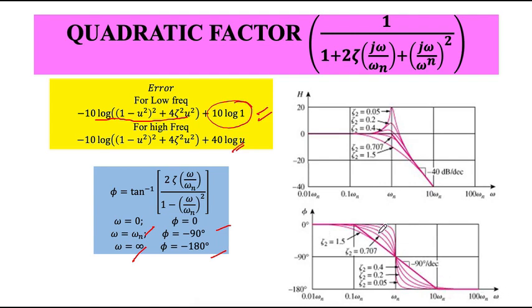It will look like this, for different values of zeta. Similar things will happen when I have this in the numerator, only everything will be a mirror image. This will go upward, the angle will go to positive 180 degrees. It is just a mirror image.